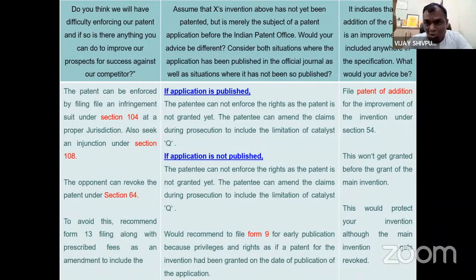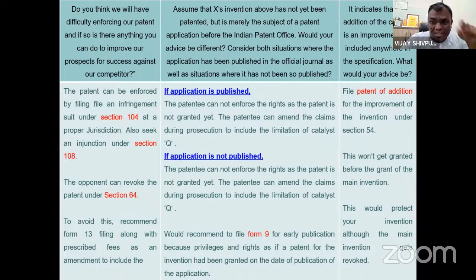I can file a lawsuit of infringement under section 104 at a proper jurisdiction, seeking an injunction, not permanent, but maybe a temporary injunction under section 108.